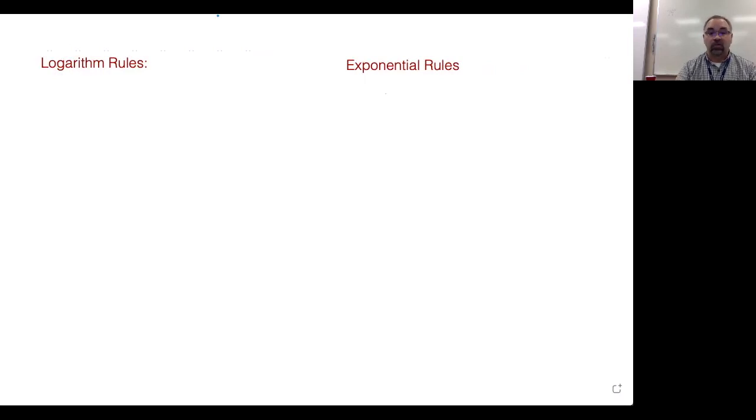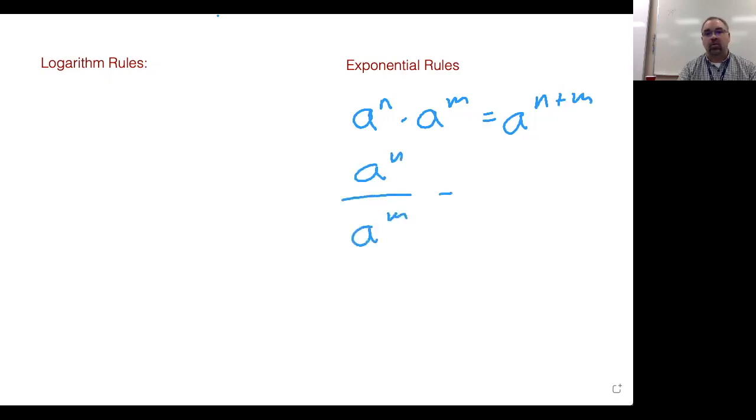When you're multiplying, if you have a to the n and you multiply by a to the m, what do you do with your powers? You add them. If you're doing a to the n and you're dividing by a to the m, what do you do with your powers? You subtract them.